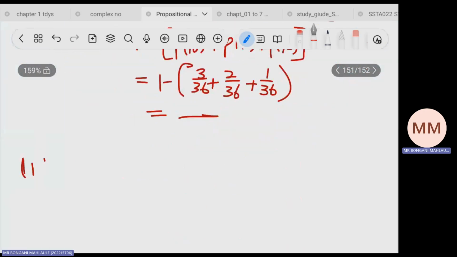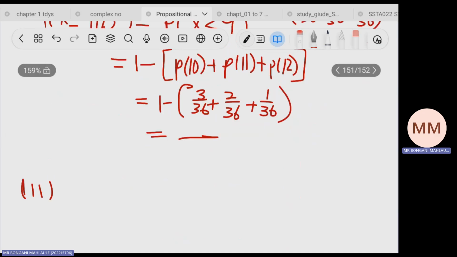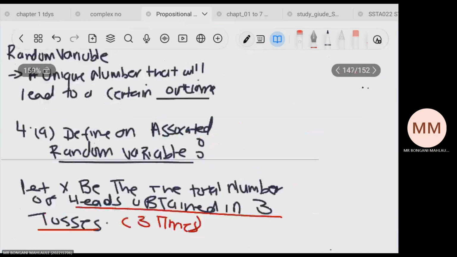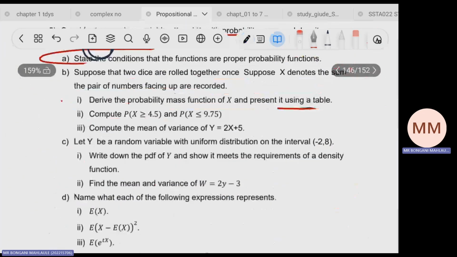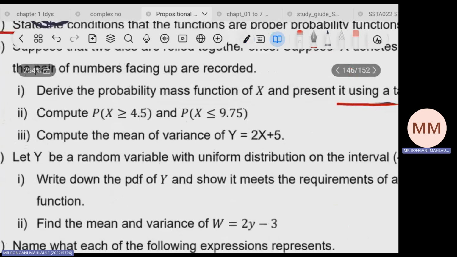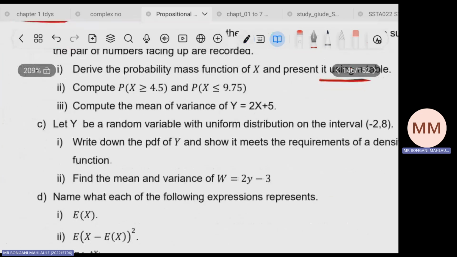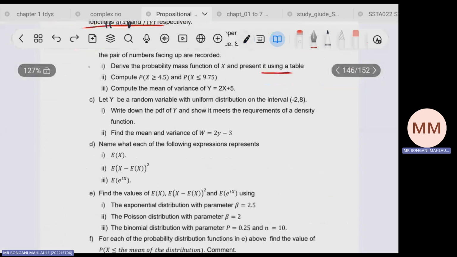Then the next one, they are saying calculate the mean. I'm just looking for the mean. Y is equal to 2X plus 5.